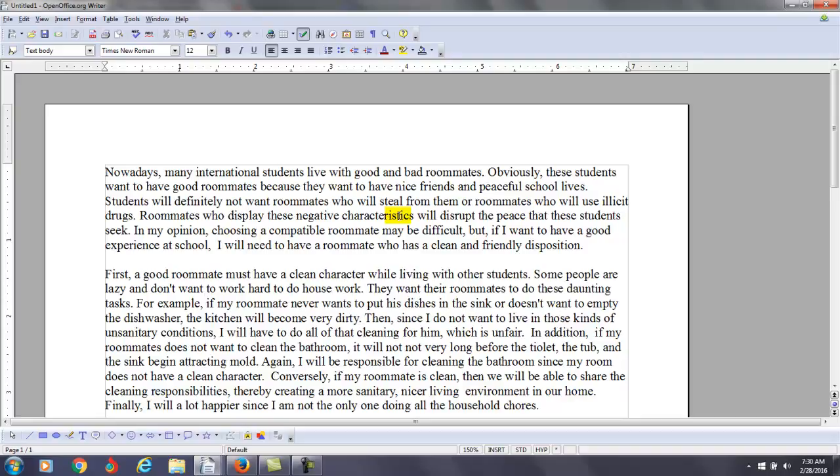Since I do not want to live in those kinds of unsanitary conditions, I will have to do all of that cleaning for him, which is unfair. In addition, if my roommate, make this singular because of the singular verb, if my roommate does not want to clean the bathroom, it will not be very long before the toilet, the tub, and the sink begin attracting mold. Again, I will be responsible for cleaning the bathroom since my roommate does not have a clean character.